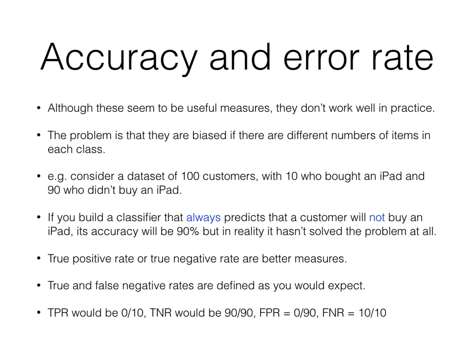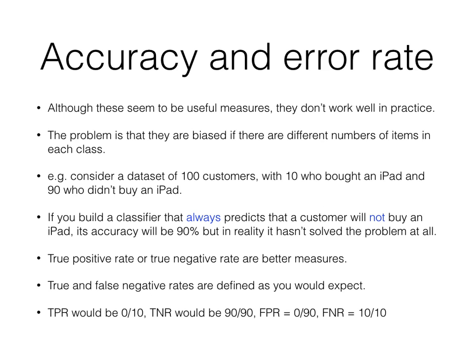But in reality, it hasn't solved the problem at all. So it's actually a really poor classifier, but accuracy 90% sounds really good. So the accuracy doesn't really make sense very well when you have unbalanced classes like this. It's much better to use true positive rate or true negative rate instead. And you can see what we have down there for those.